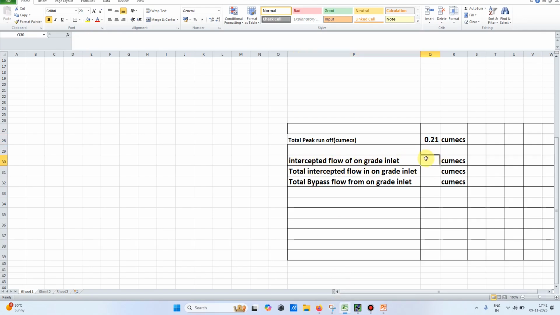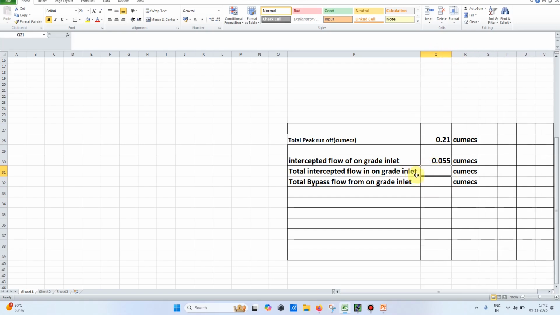This is from a single on grade inlet, 0.055. And from the two on grade inlets, I need to multiply the single on grade inlet interception capacity by 2, so it is 0.11.